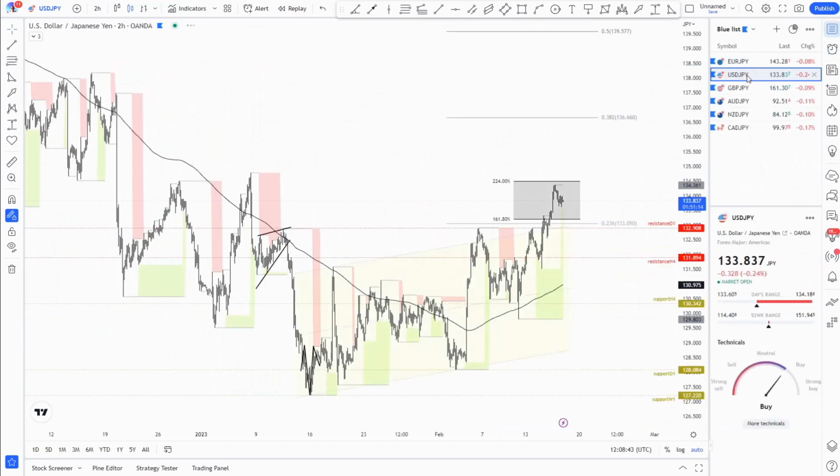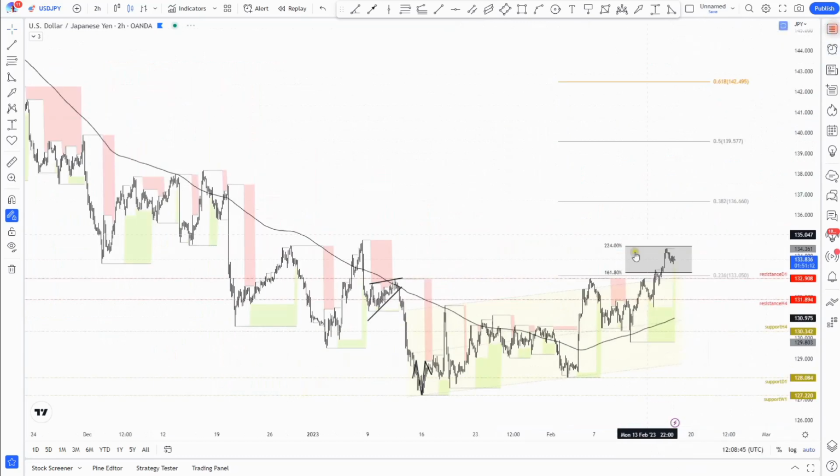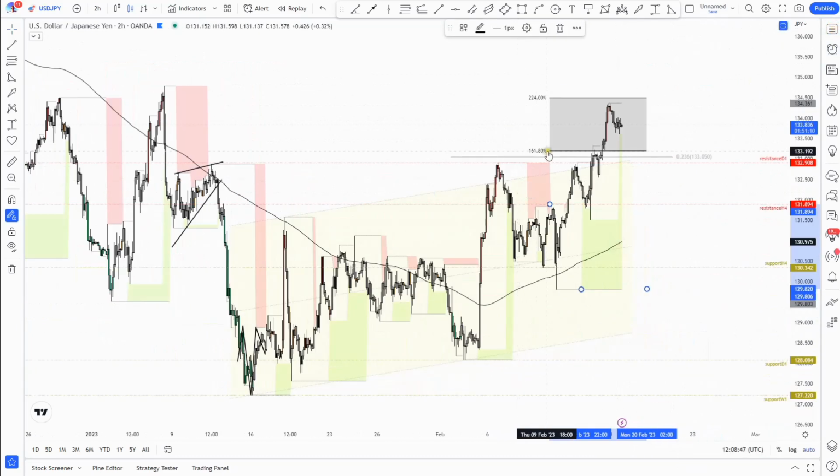Then for the dollar versus the yen, it's very similar. We have also the 224% Fibonacci extension right above the recent highs, which means we just need a new higher high, kind of a false breakout above the recent highs, in order to complete this sequence. Let me draw that for you.